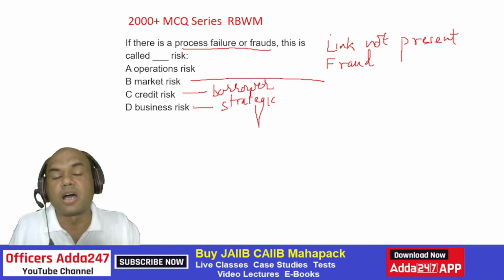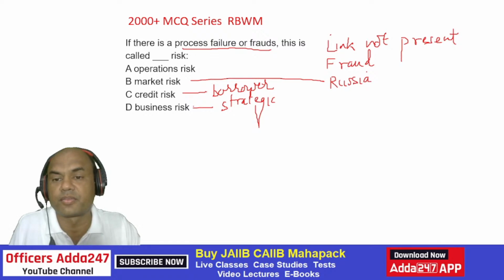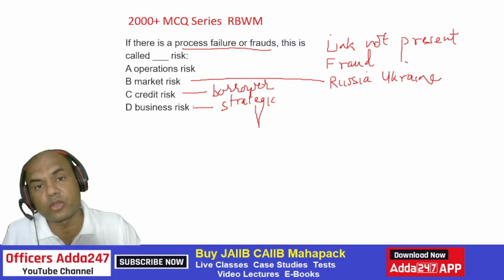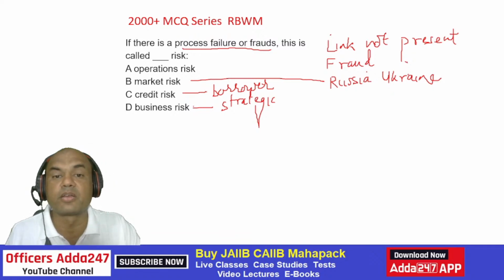It is outside your purview, outside your control. Like, for example, the Russia-Ukraine war. Right now it's going on. Is it in your hands? Means, can you do anything about this war? Nothing. But does it affect your bank? Yes, it affects. So this is outside your purview or outside your control.